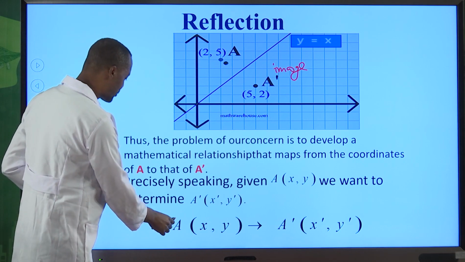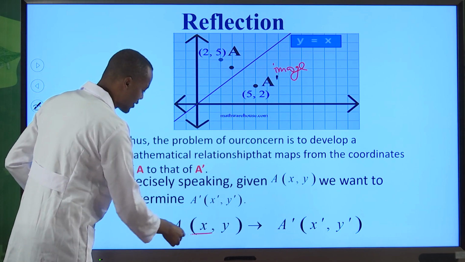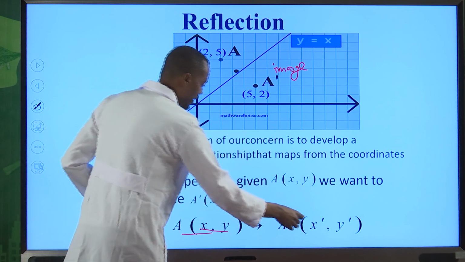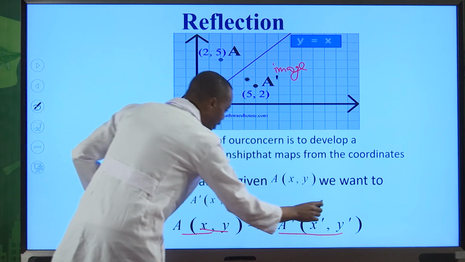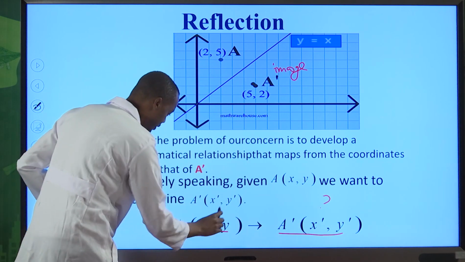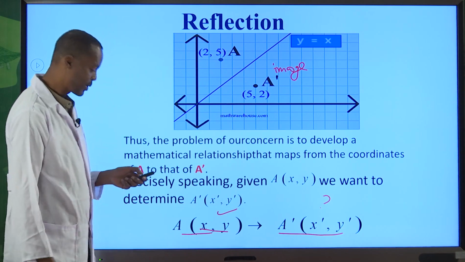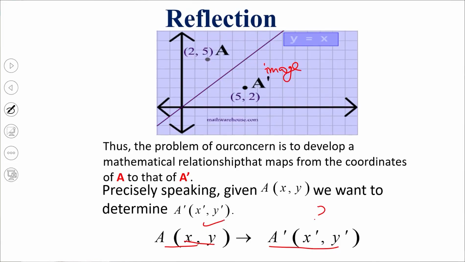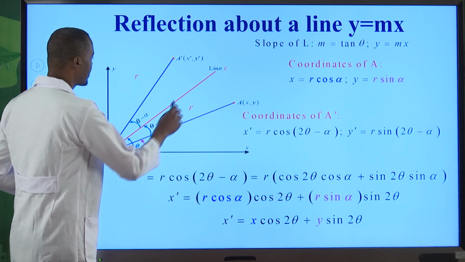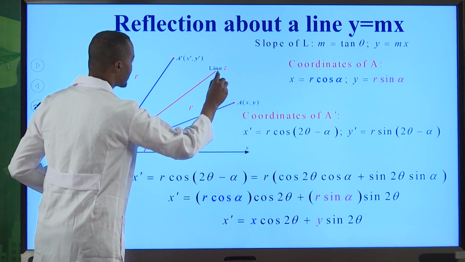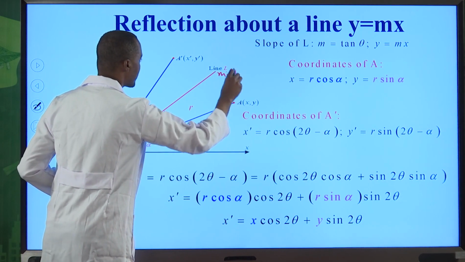For example, if the original point is A of x, y, then our new point is A prime of x prime, y prime. These are required, but these are given. That is the way we are going to deal with the problem. Here are some formulations. We have the x-axis and y-axis, and this line L acts as a mirror line.